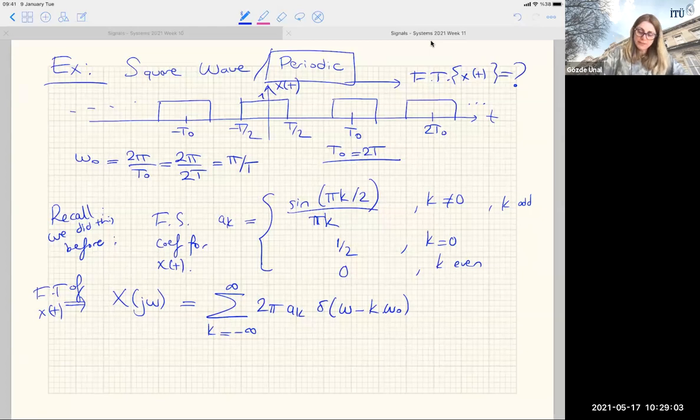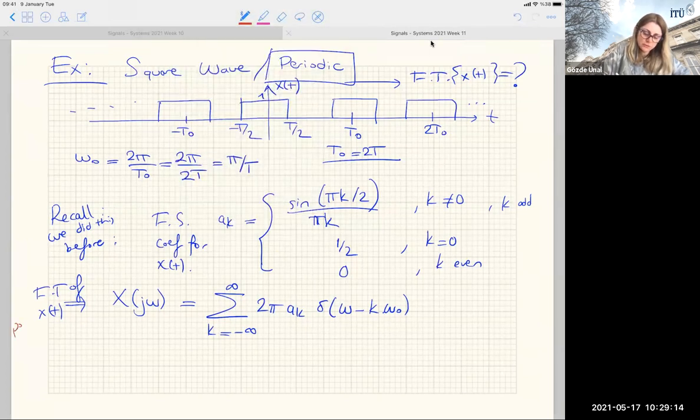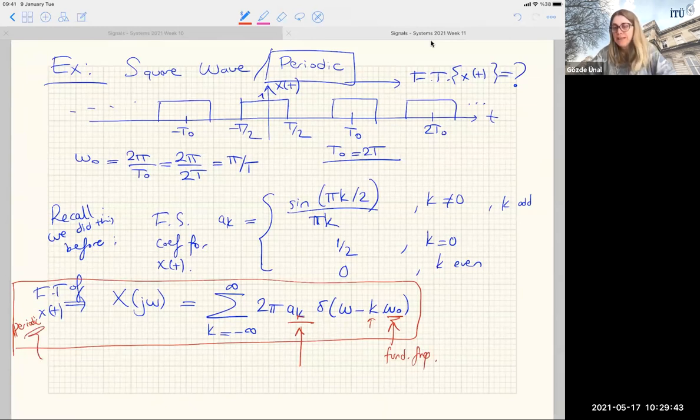So maybe, for your notes, put this in: the Fourier transform of periodic x of t, you can show this is the case. I think at the beginning we did this. So that would mean find the Fourier series coefficients and then take weighted impulses shifted to those corresponding harmonics, multiples of the fundamental frequency. Because it's a periodic signal, it has a fundamental frequency and its harmonics, right?